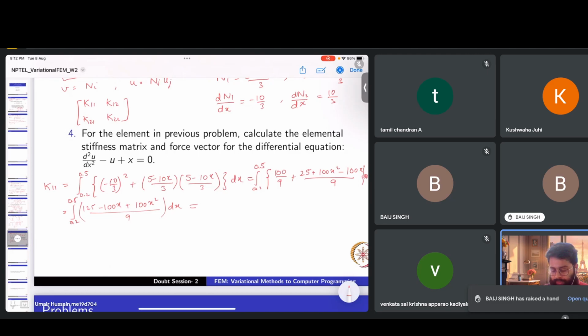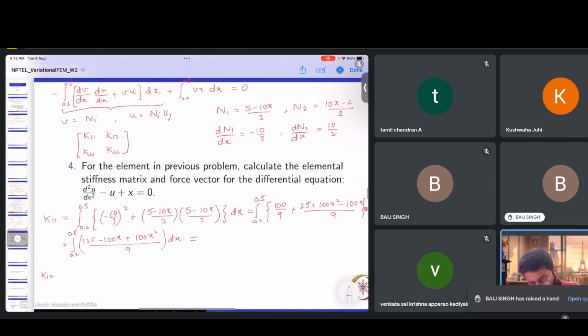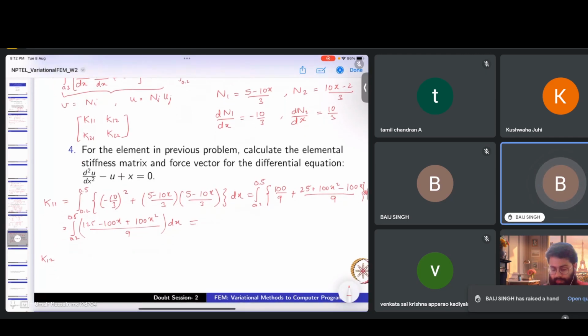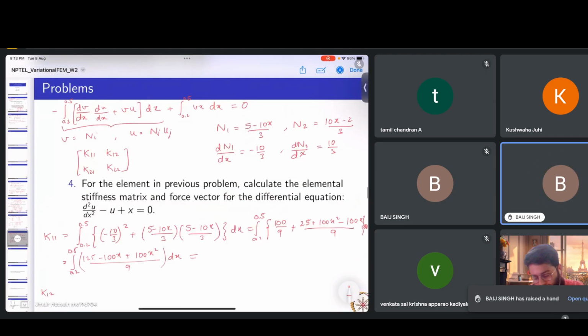We'll get K11. So how do we get K12? For ease of understanding, what is the formula to calculate this K11? I was going to explain that. I thought I made it unclear. So we substitute this V and U approximation in the above equation.